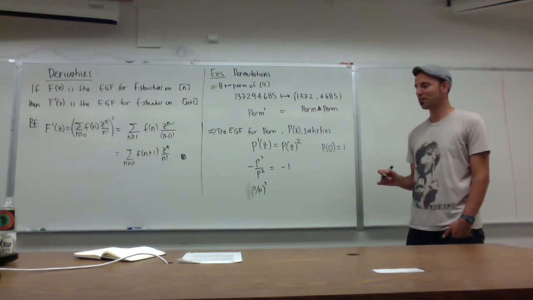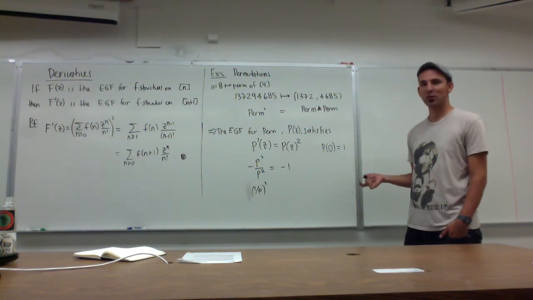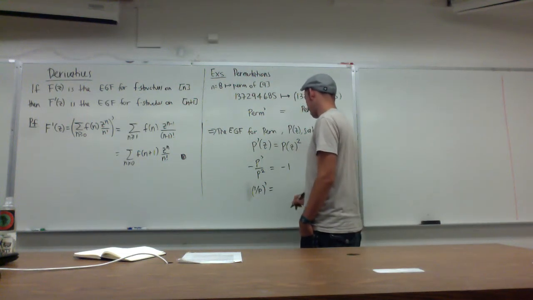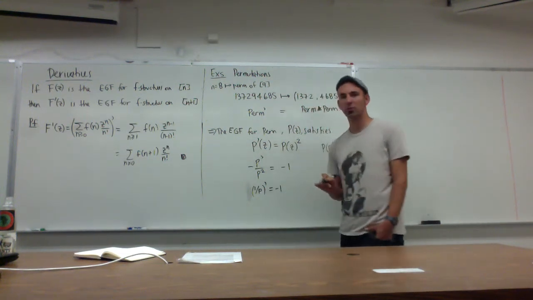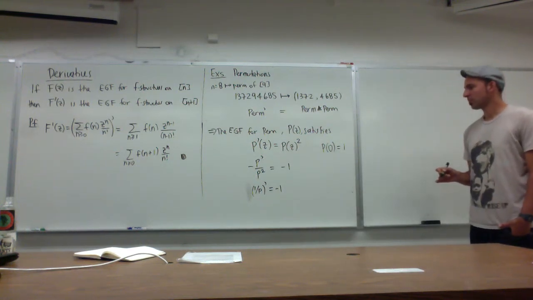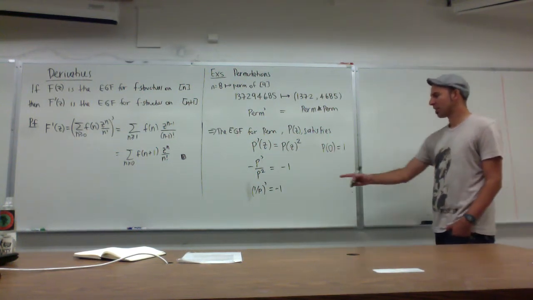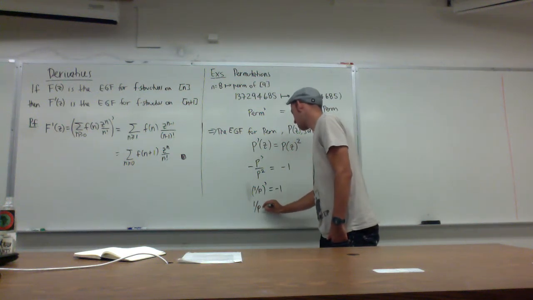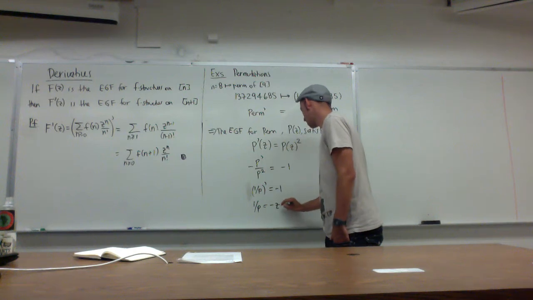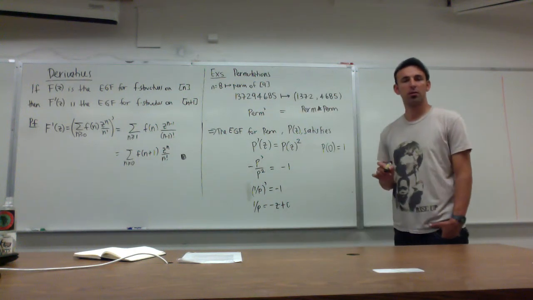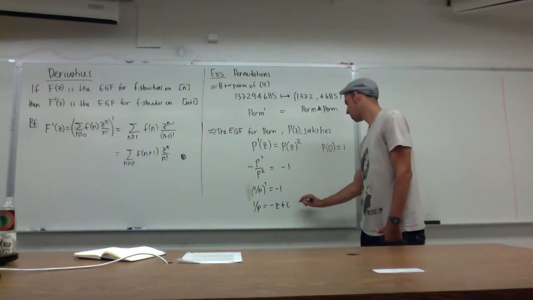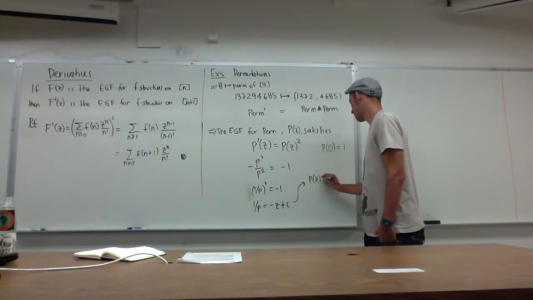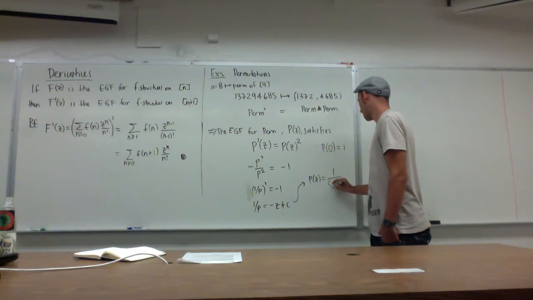The derivative of 1 over p is minus 1 over p squared times p prime. This is the chain rule. Equals minus 1. Okay. That means that, well, if the derivative is constant, that means that 1 over p is equal to minus z plus a constant. Which means that p of z is 1 over constant minus z.